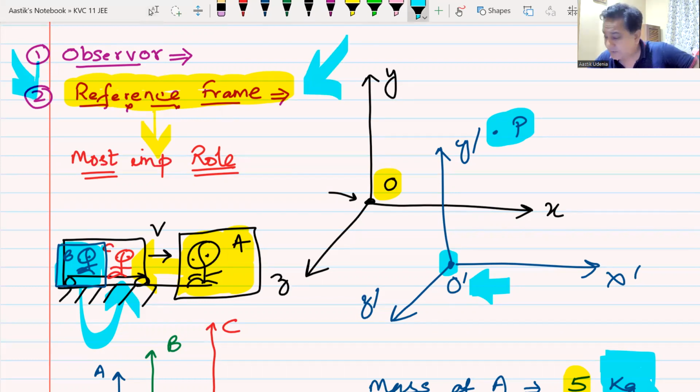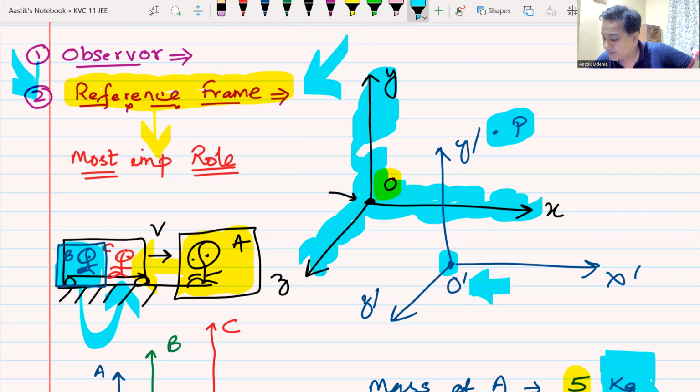So everything that we are going to study depends on your reference frame. Without telling us with respect to which reference frame, nothing makes sense at all. Do we understand this? So, to study a motion, first we need an observer.